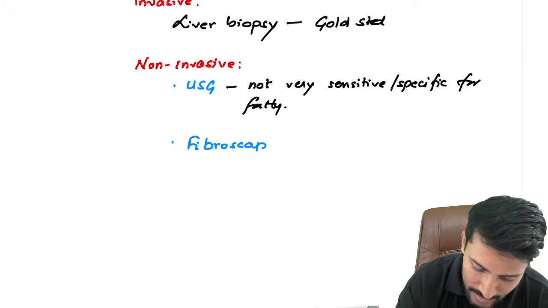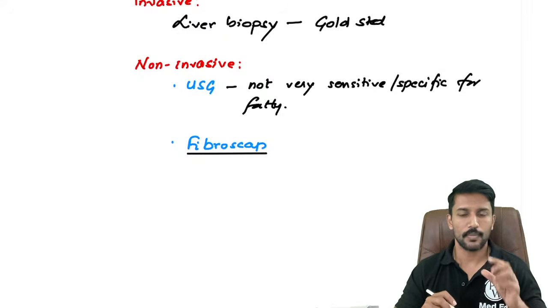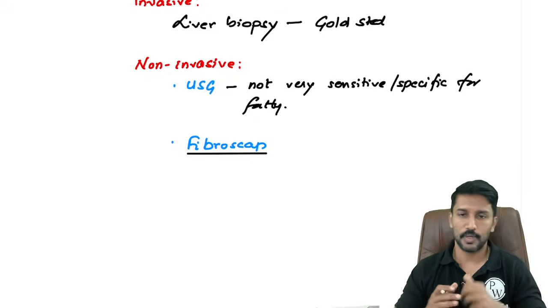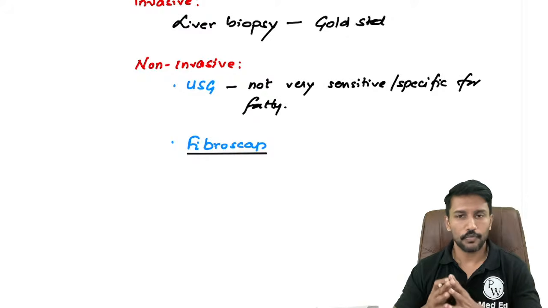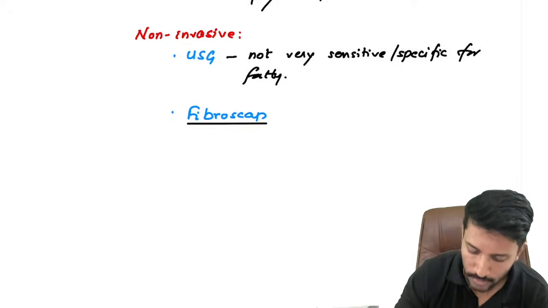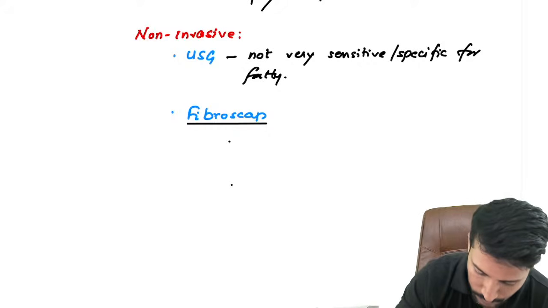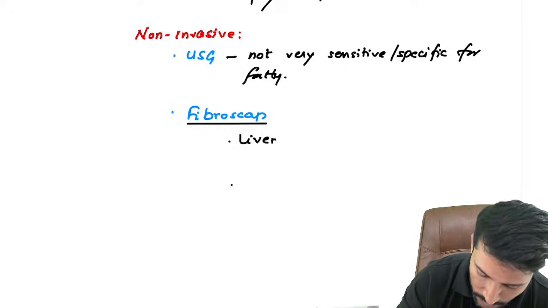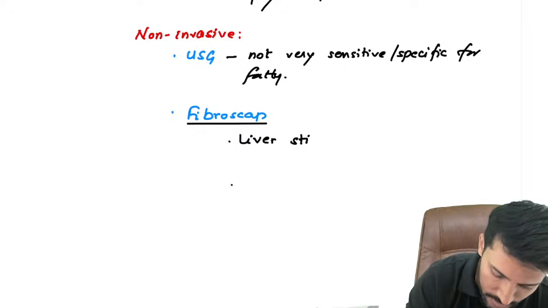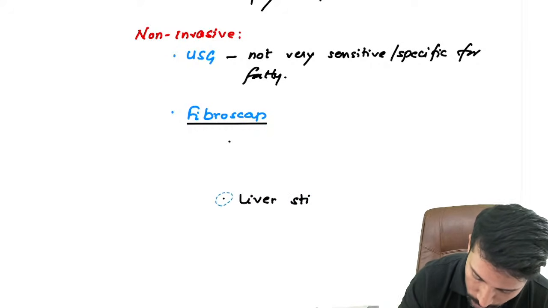Fibroscan analyzes the liver for two parameters: one, the degree of fat accumulation, and two, the degree of fibrosis, right? The second parameter we will call liver stiffness. First we will talk about the CAP score.